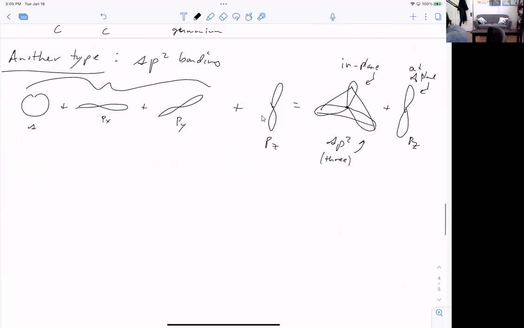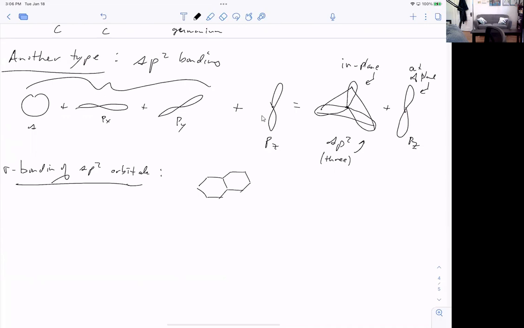And so you can get bonding of the sp2 orbitals. The sigma bonding of the sp2 orbitals leads to structures that have not tetrahedral symmetry, but honeycomb symmetry. So you start getting these hexagons, but now the hexagons form a honeycomb.